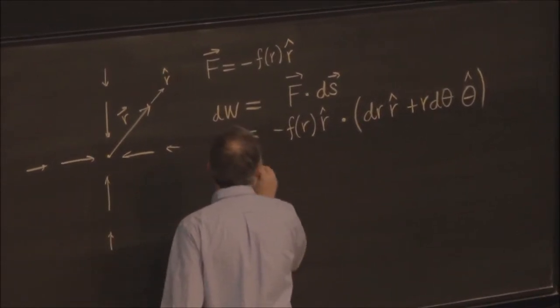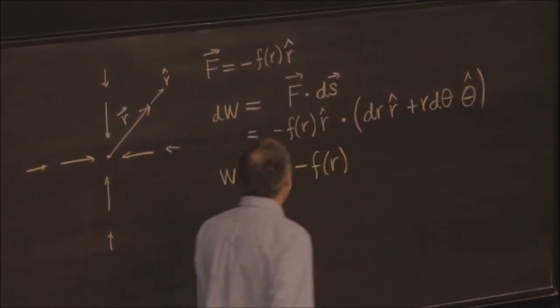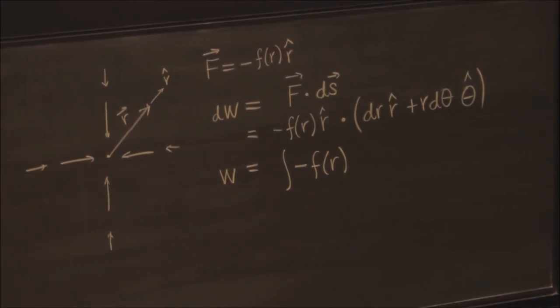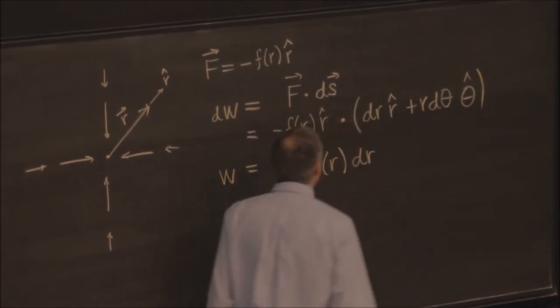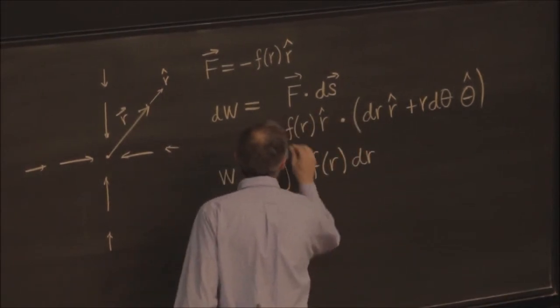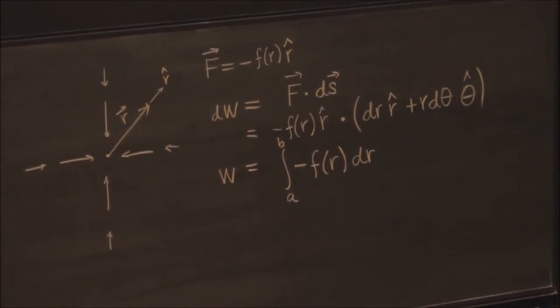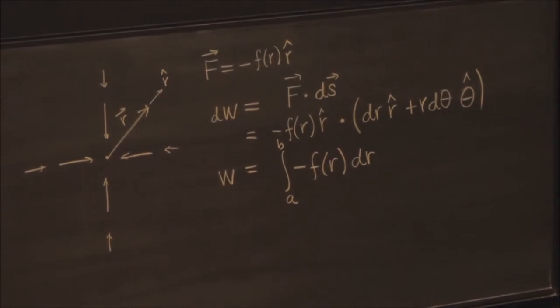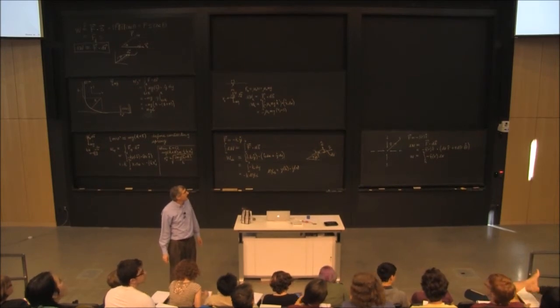All right. So the work will be the integral of f of r dr, going from point A to point B. Agreed? If it's radial, I don't need to know what is the exact shape of the dependence on radius. What do you think that one was supposed to represent? How does the force depend on r?